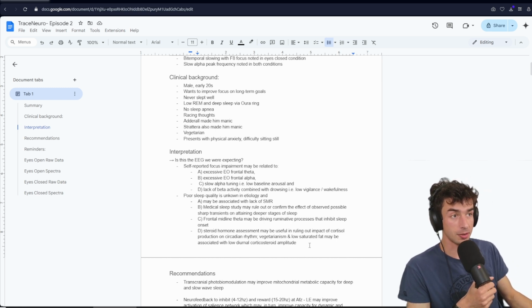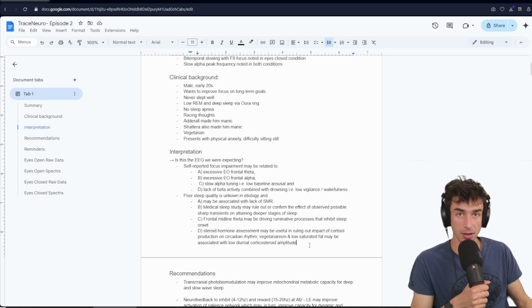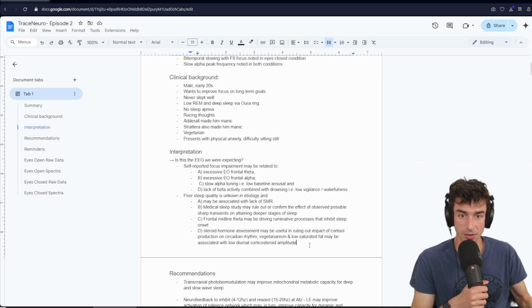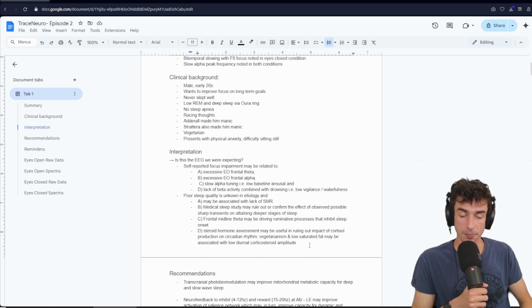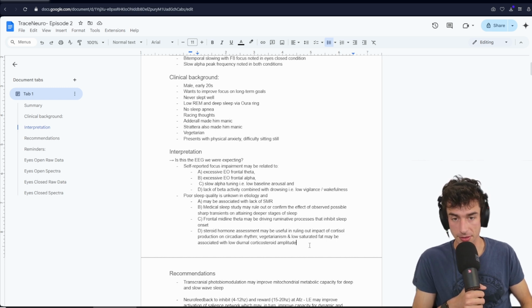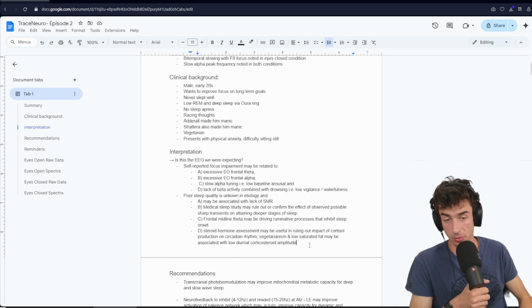A lot of people don't know this, but having chronically low cortisol can actually present outwardly as having a kind of anxiety physiologically, and contribute to racing thoughts potentially, and poor sleep quality too, right?